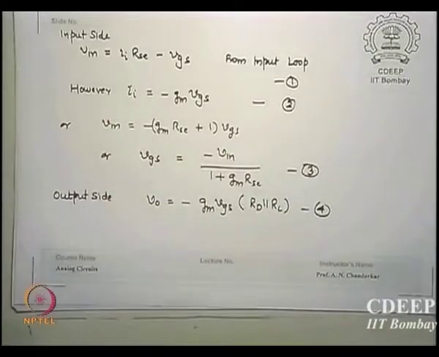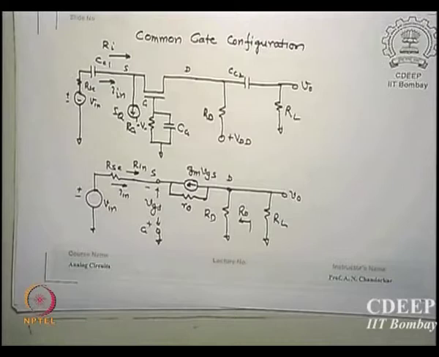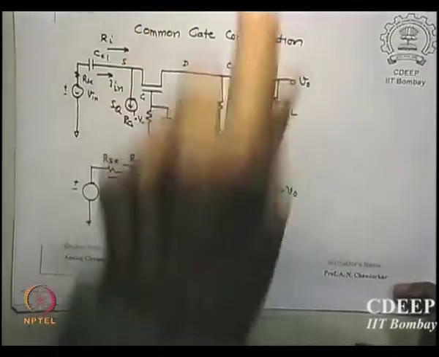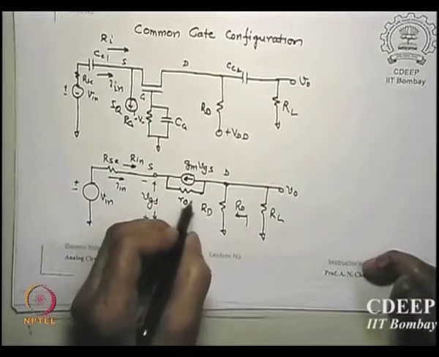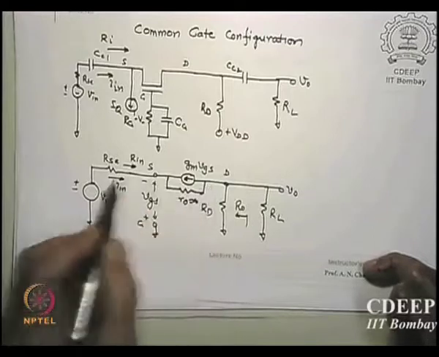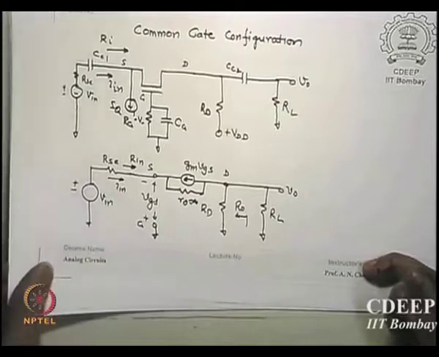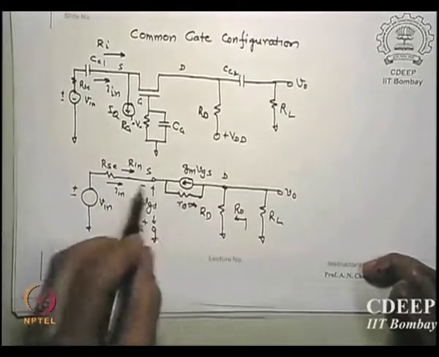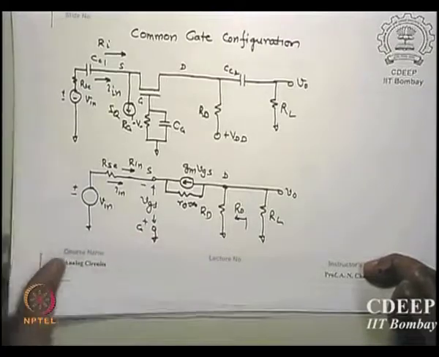However, this IN, I may call it II or IN, it is the same. Is there any other source you see here? What is IN actually? Current in this circuit, if R0 is infinite, then this current and this current are identical but in opposite polarity. GM VGS is entering here, IN is entering here, they are the same currents, there is no other current source here.